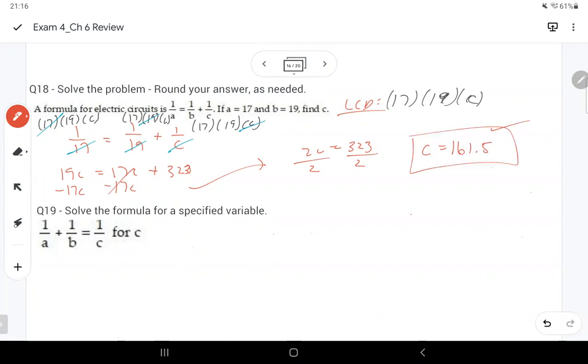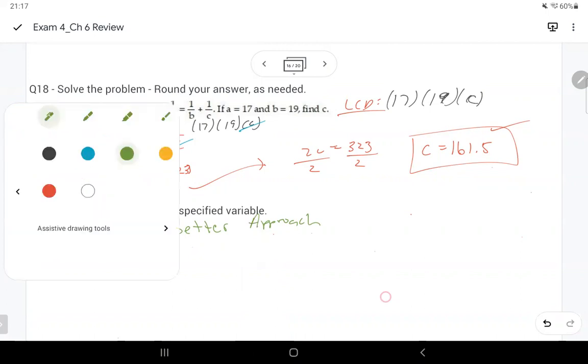All right, so that's that one. Okay, so the better approach for this one, and I have to thank Marcia from my last section who helped me realize this.